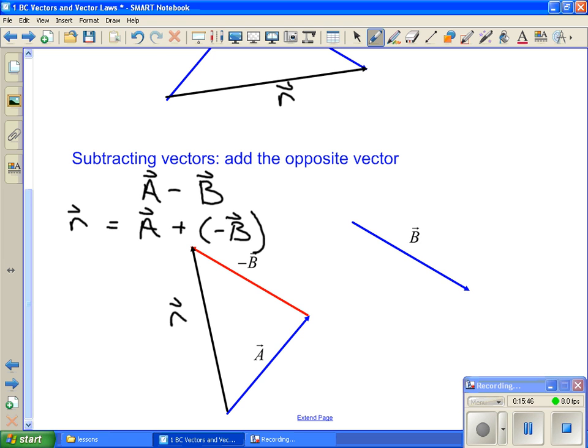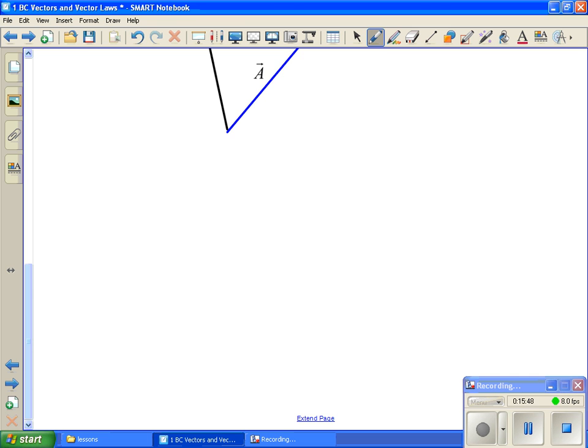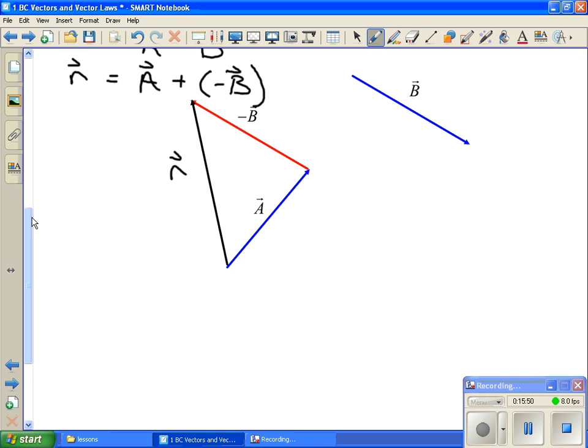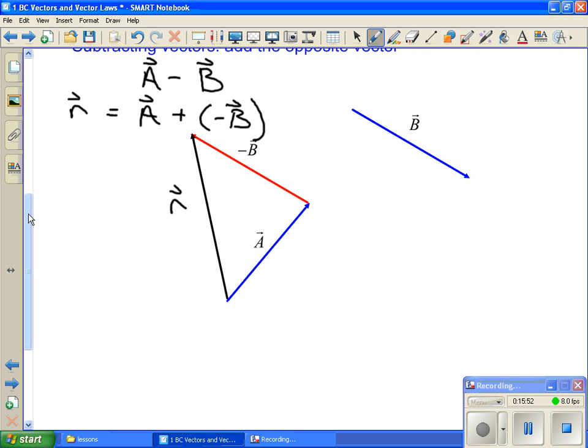Now sometimes a question will ask you for what is called the equilibrant of a vector. Okay. Equilibrant just means a vector that would balance a vector that you're given.